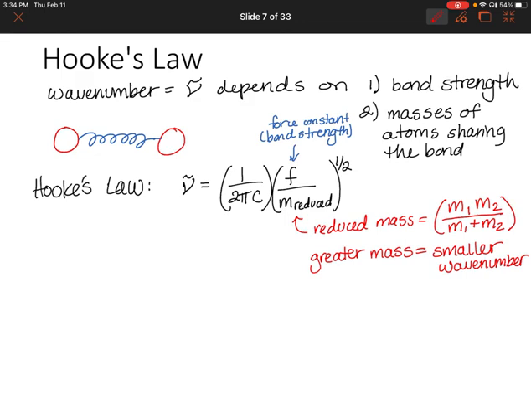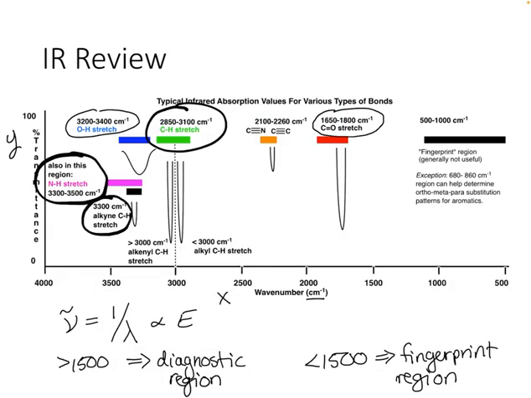So remember, if we go back, we saw the carbon-oxygen stretching at a lower wave number because the oxygen has a higher mass. If we look at, for instance, nitrogen and hydrogen, hydrogen has a really small mass, so we find its wave number to be much larger.